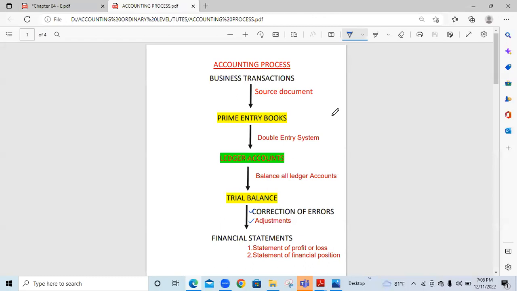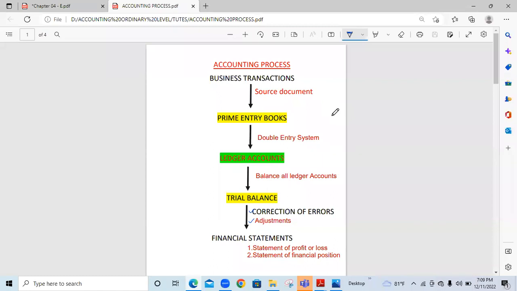Now if you ask what these prime entry books are, you will study them in the cash book chapter. That is one prime entry book. Bank account is another, then sales journal, general journal. All these are prime entry books. You take your transactions and record them in prime entry books, and then, based on the double entry system, you take the prime entry book values to ledger accounts.